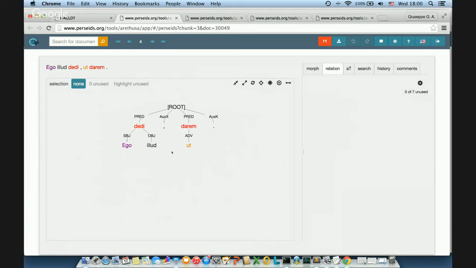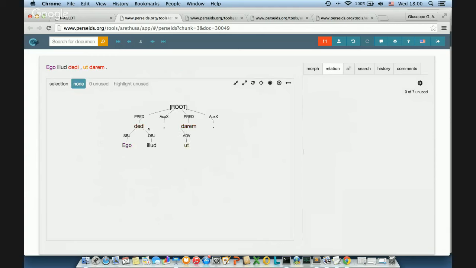But what about this sentence? Ego illud debui ut darem. I gave illud, the benefit, the benefaction, ut darem, for the sake of giving, okay, and the linguistic tree, I think, is very simple to build.